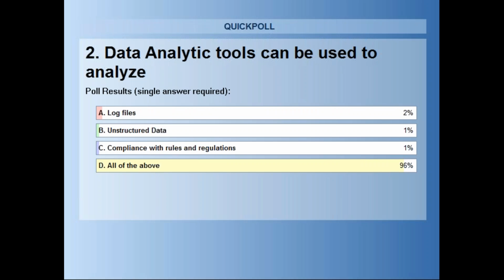Yeah, that's pretty obvious. Again, log files I mentioned. I didn't talk about unstructured data, but that's another area that you could definitely do. And that goes back to what you just said, Jim. Sometimes the data is in these systems, and it's hard to get a file, because trading data in our company is so voluminous and complex.